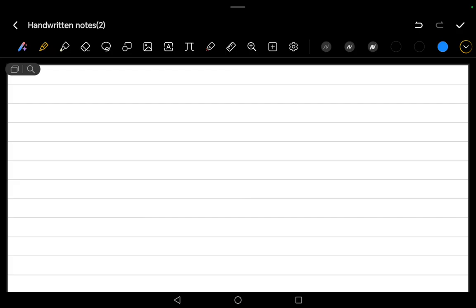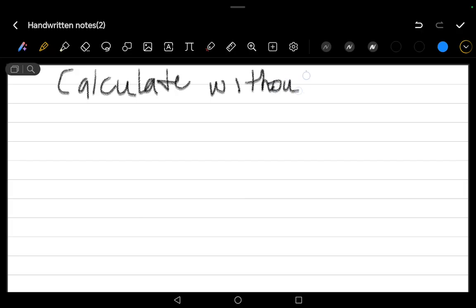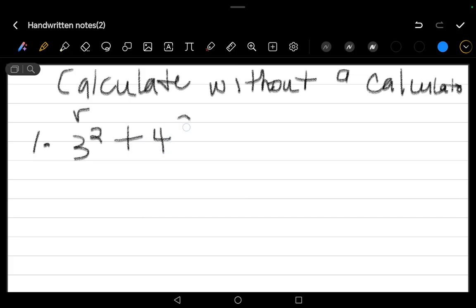quick activity. So let's say they say calculate without a calculator. Okay, without a calculator, and you are given number one, it's 3 squared plus 4 squared.